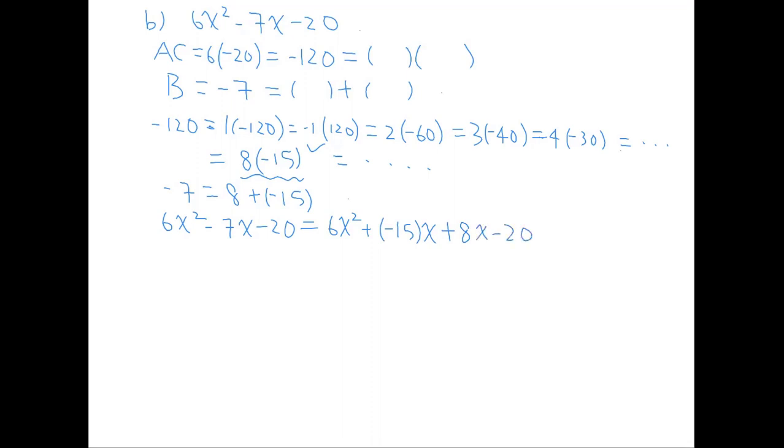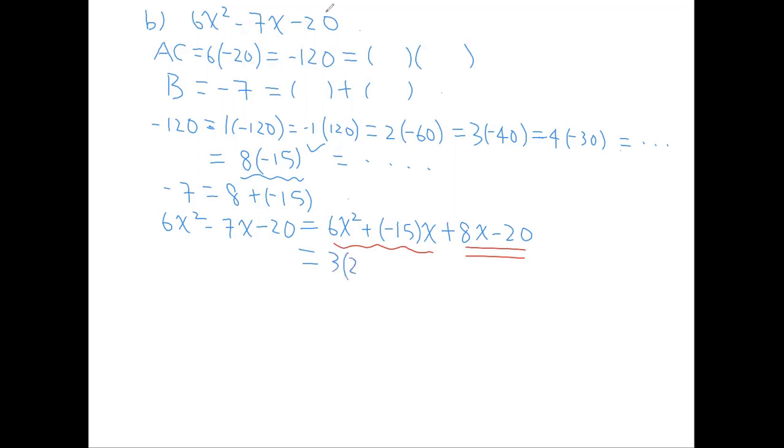Let's switch the order of this pair, see if this one works. Okay, for the first pair, we can factor a 6 and a negative 15. We can factor 3 out.